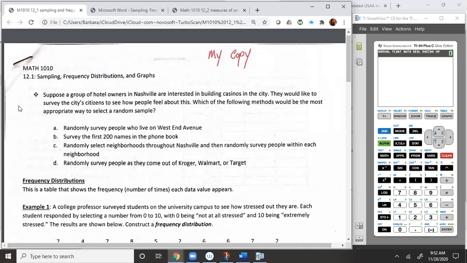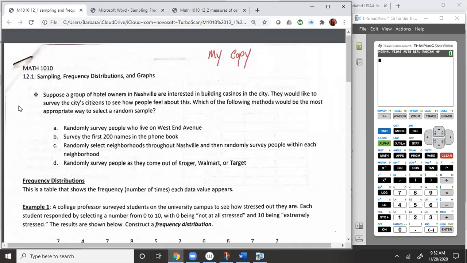A, randomly survey people who live on West End Avenue. B, survey the first 200 names in the phone book. C, randomly select neighborhoods throughout Nashville and then randomly survey people within each neighborhood. D, randomly survey people as they come out of Kroger, Walmart, or Target.